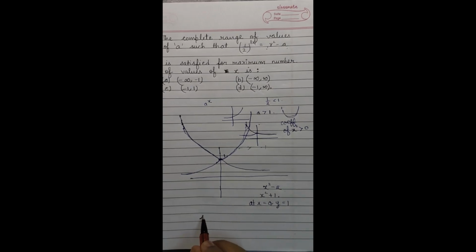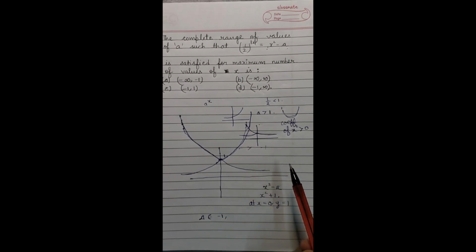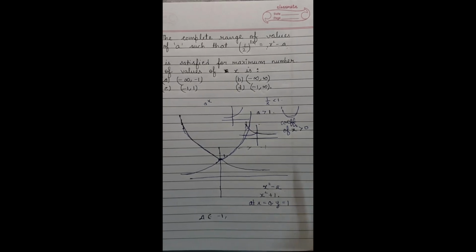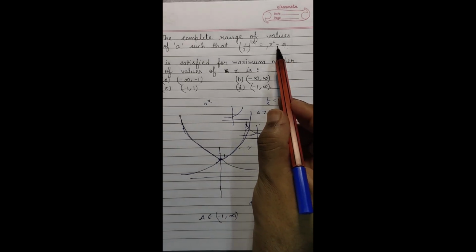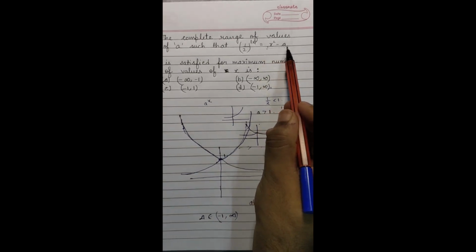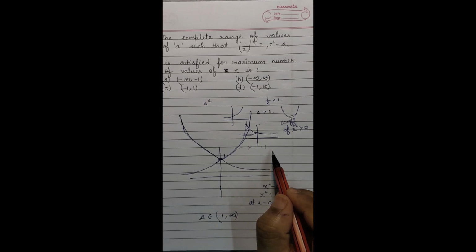Now for this I take a to be minus 1, and I can keep increasing the positive values of a. So it will go from minus 1 to infinity, because if I put positive values, for example a equal to 2, it becomes x square minus 2.